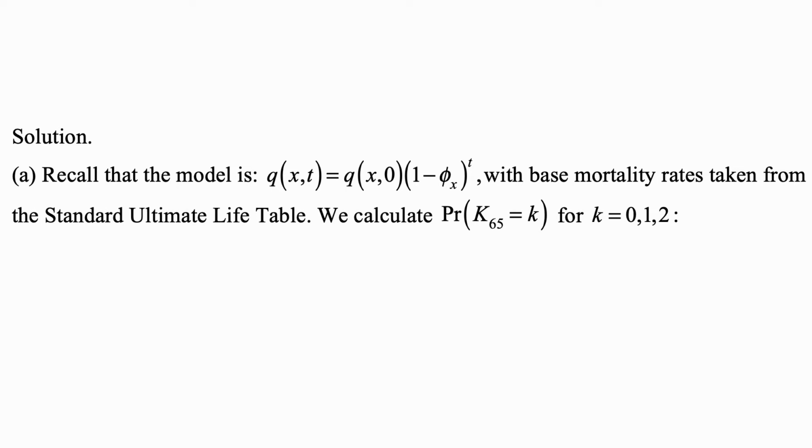So it's Q of x0 times 1 minus phi of x to the power t. And that base mortality refers to mortality with the 0 after the x, and that's taken from the standard ultimate life table. So we need to calculate the probability that K65 is K for K equal to 0, 1, and 2.